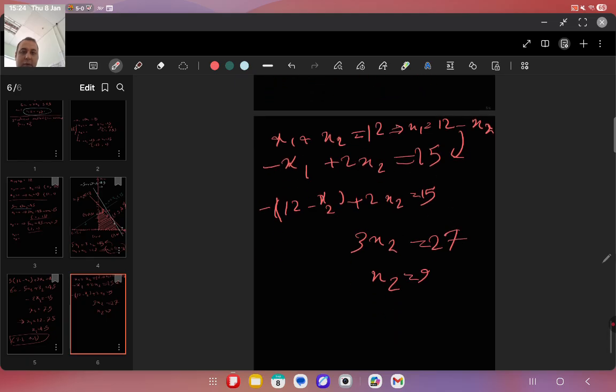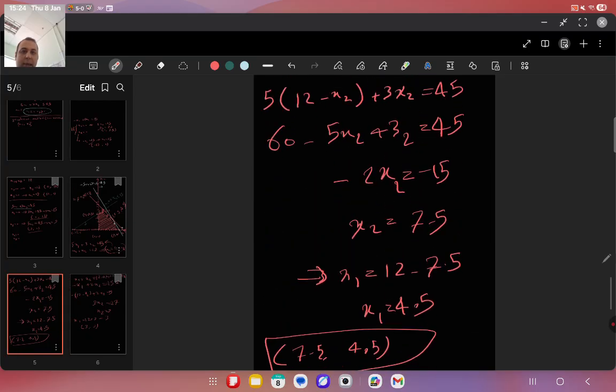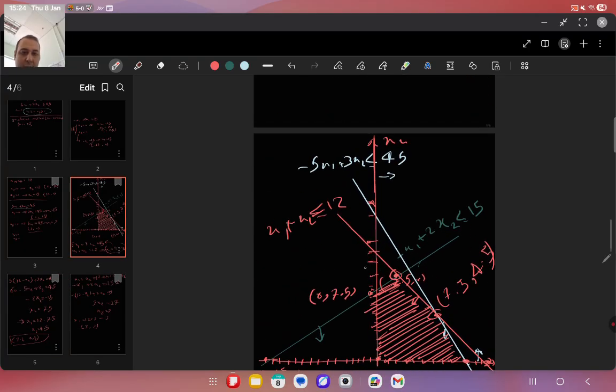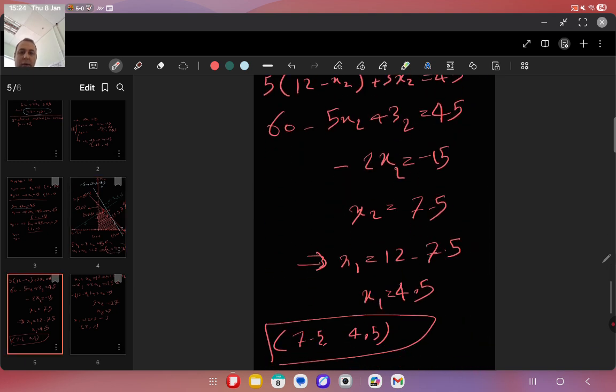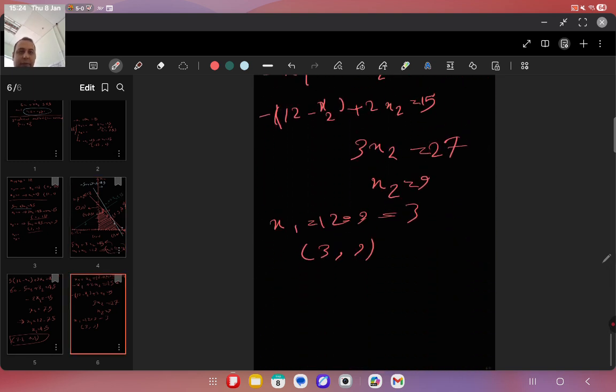If x2 equal to 9, from here x1 equal to 12 minus 9, which is 3. So the point is 3 and 9. Go back here, which is this point, 3 and 9.